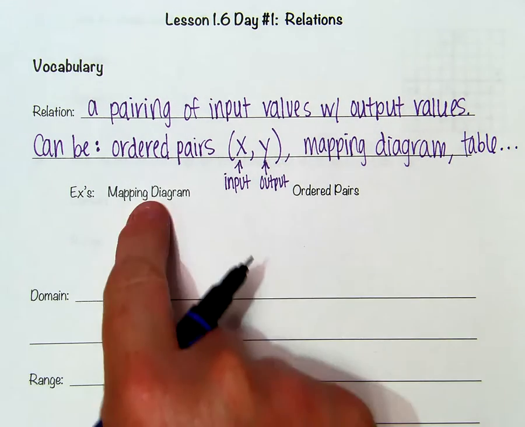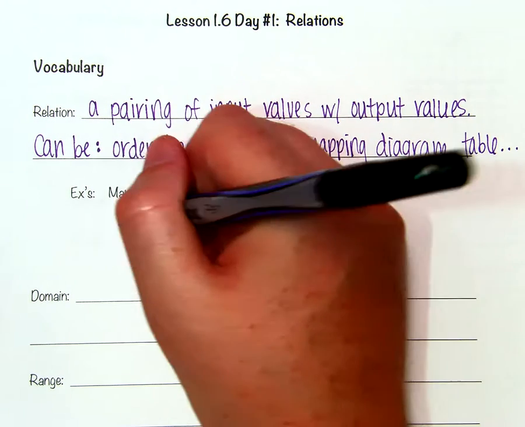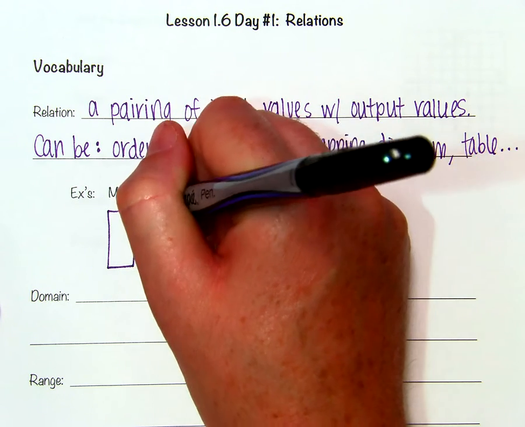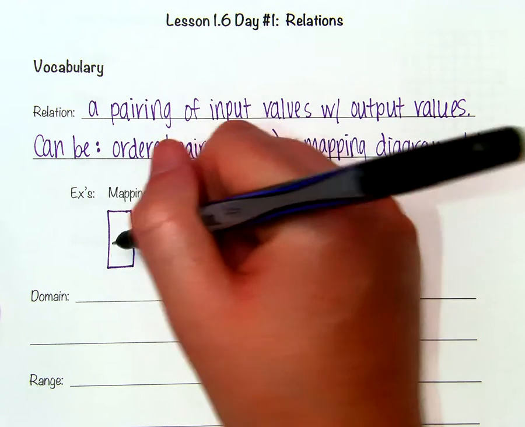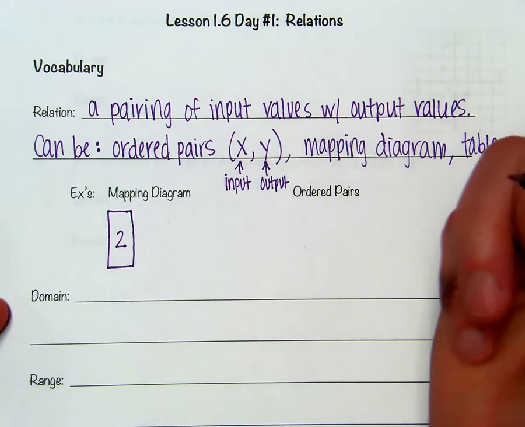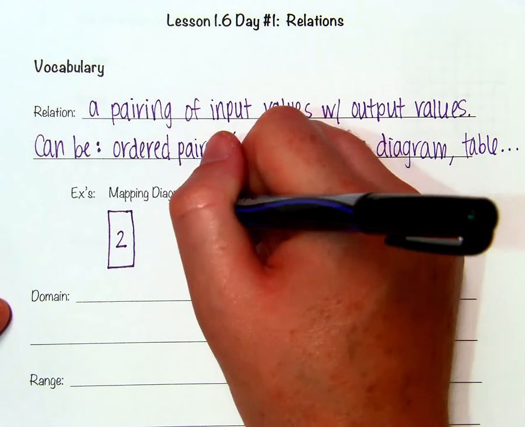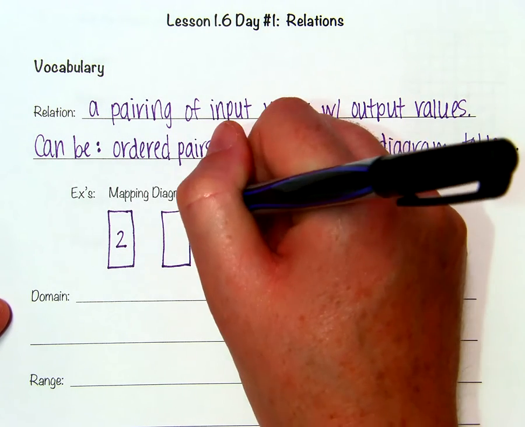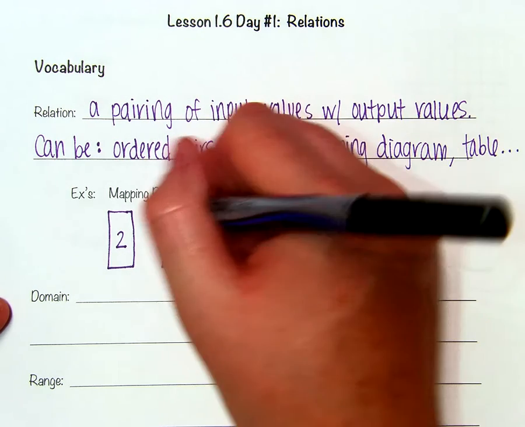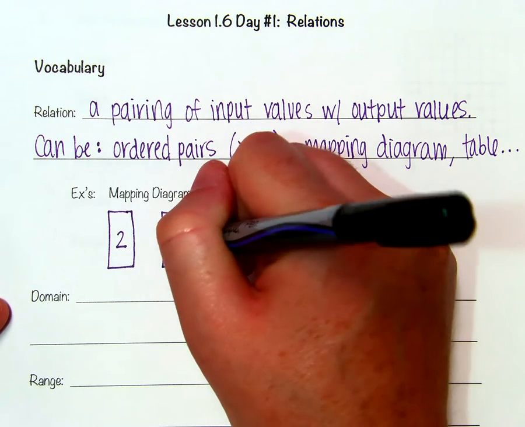For a mapping diagram, it might look like this. So you'll have on the left-hand side like a group of numbers that can be 1, 2, 3, 4, whatever number's listed in here. I'm just going to use number 2 right there. And then I'm going to map that to some things on the right-hand side. Just so that you don't get used to always seeing numbers, I'm going to put A, B, and C in here.